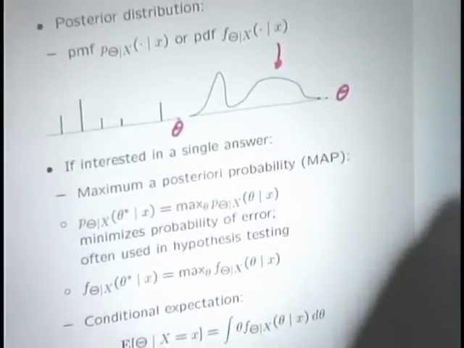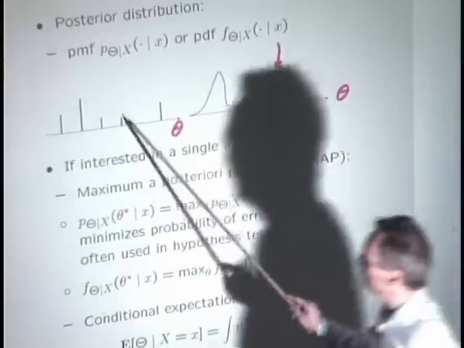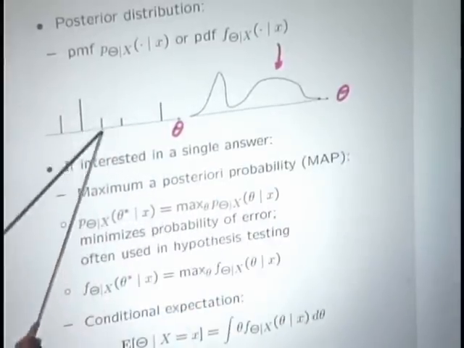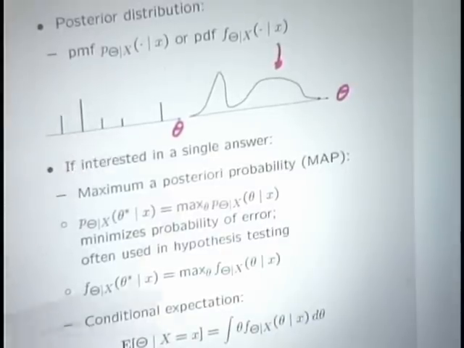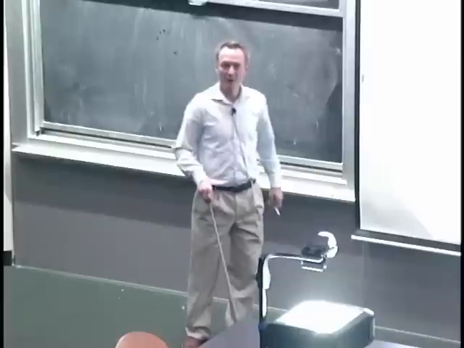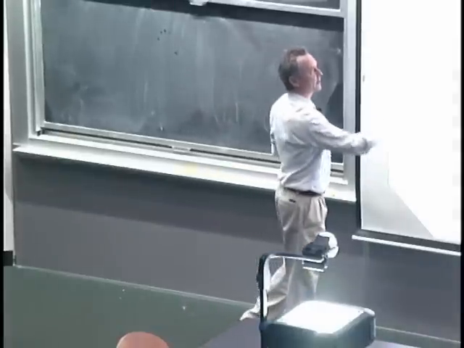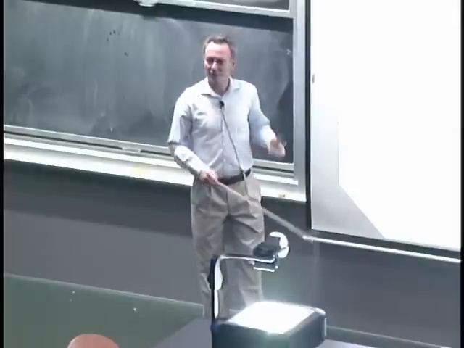So this is a plot of that density. In the discrete case, theta can take finitely many values, or a discrete set of values. And for each one of those values, I'm telling you how likely that value is to be the correct one, given the data that I have observed. And in general, what you would go back to your boss and report after you've done all your inference work would be either a plot of this kind or of that kind. So you go to your boss who asks you, what is the value of theta?